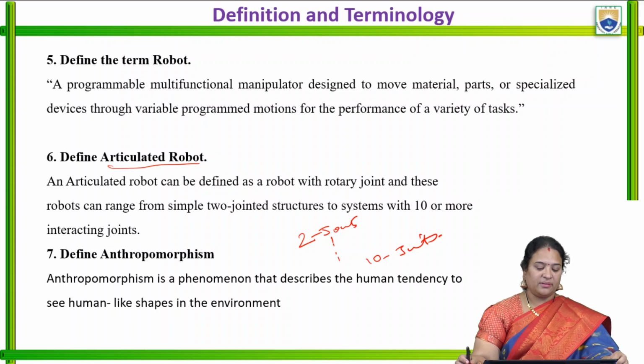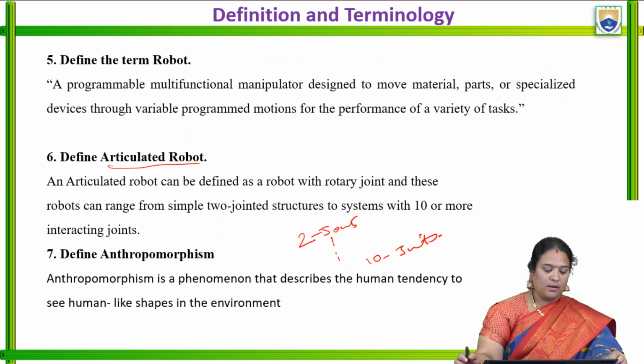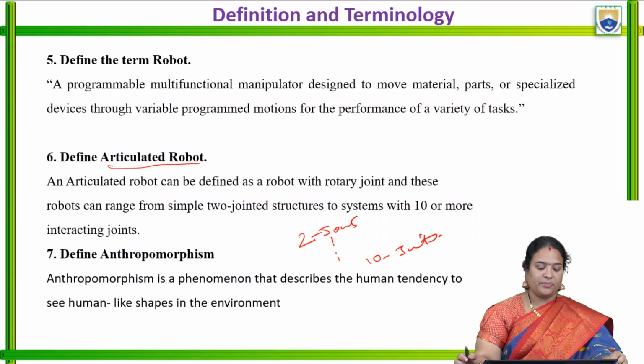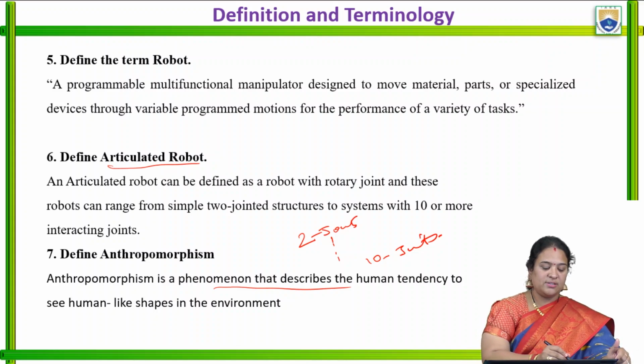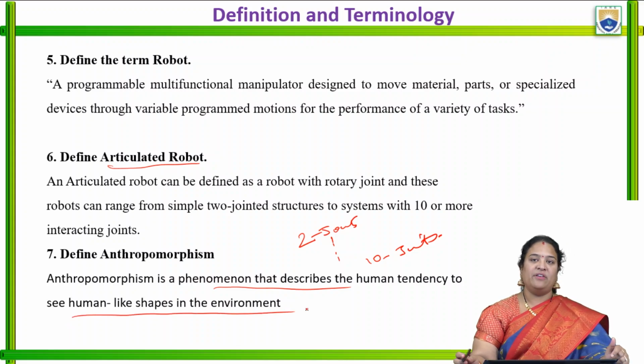Next, define anthropomorphism. So what do we mean by anthropomorphism? This particular phenomenon is used to describe the human tendency, right? It describes the tendency of humans to see human-like shapes in the environment.